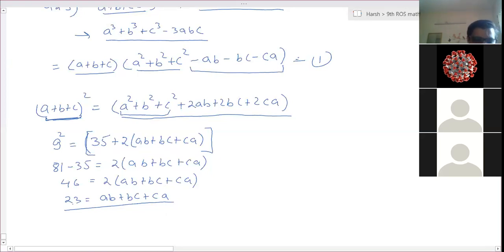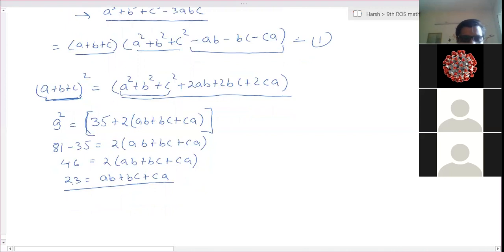Now, going back to this, can we replace A plus B plus C as 9? This into, then A square plus B square plus C square is what? 35. Here, can we take minus common? What is left inside?